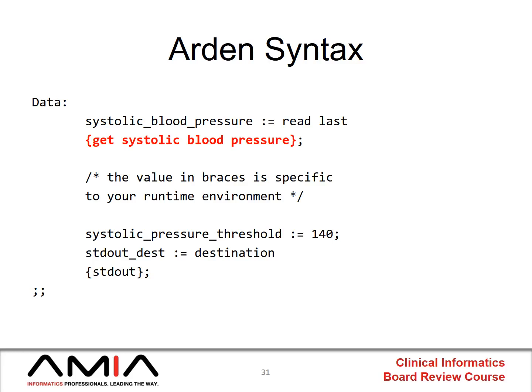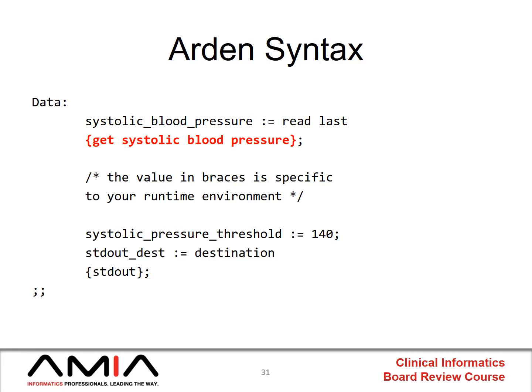So imagine, for example, that we were trying to create an Arden syntax rule that would show the user an alert if the patient's systolic blood pressure was greater than 140. Somewhere in that rule, you'd have to first tell the computer system to go fetch the last systolic blood pressure. And that's what's implied by this routine here, systolic blood pressure, read last.